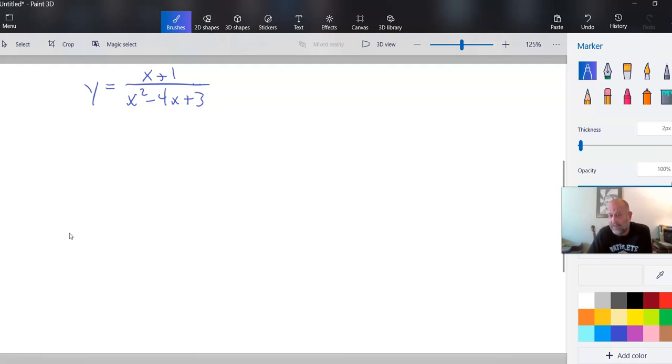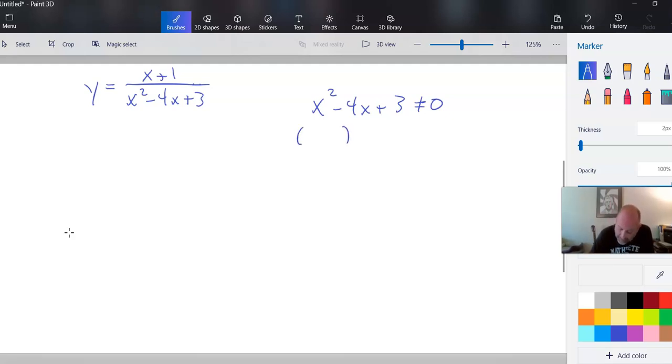You notice I'm not graphing it. Sometimes that does help if you know something about the graph, especially with the trig functions. But in this case, where I'm just looking at a rational expression where it's a ratio of two polynomials, I just need to take the denominator and set it equal to 0 to figure out what values I can't have. And I'm saying set it equal to 0, but it's really a not equal to 0.